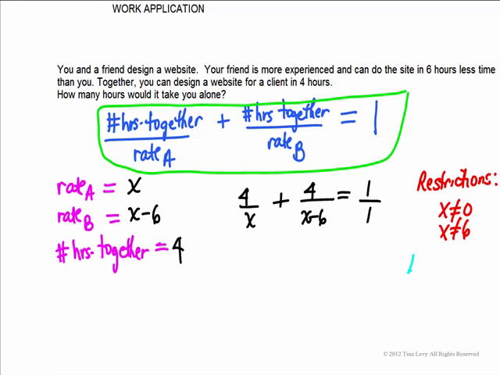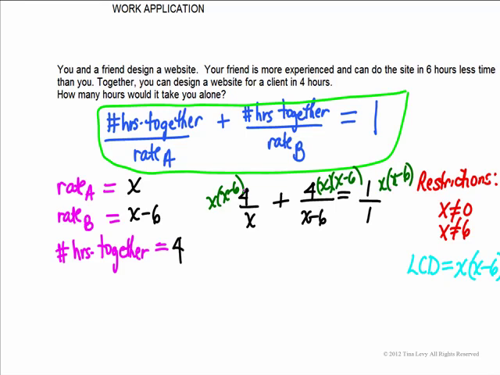Looking at this, we see that the lowest common denominator is each denominator the most number of times it occurs. We have the X occurring once and the X minus 6 once. So our LCD is X times X minus 6. We're now ready to multiply everything by that lowest common denominator: X, X minus 6, X, X minus 6.